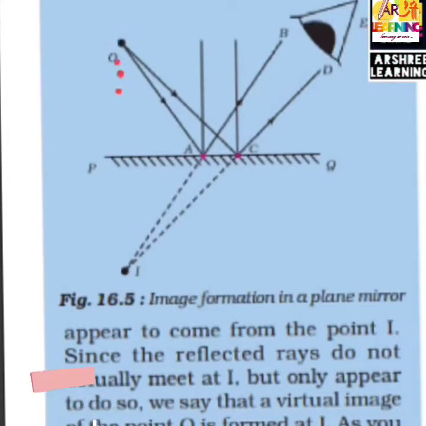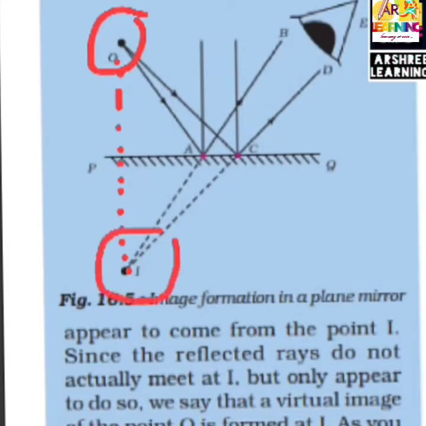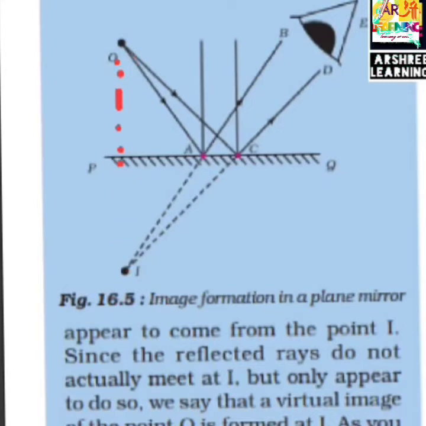If you measure this distance, the distance of the object and the image, the object is here and the image is here, the distance is the same. So this is the law of reflection, that the image formed by the mirror is at the same distance behind the mirror.